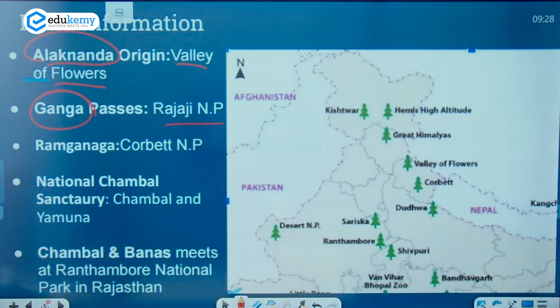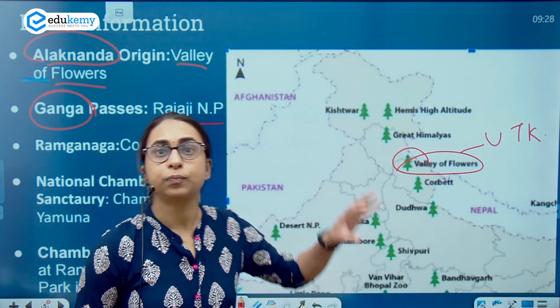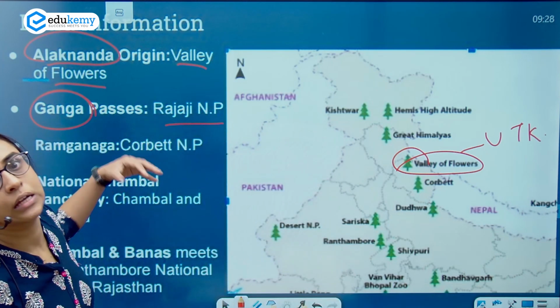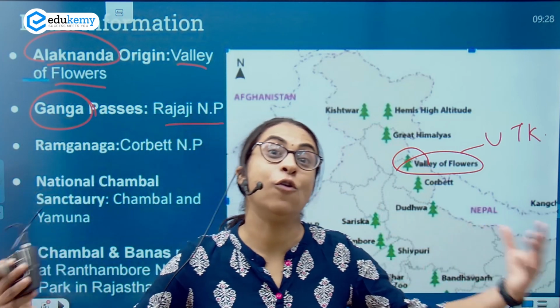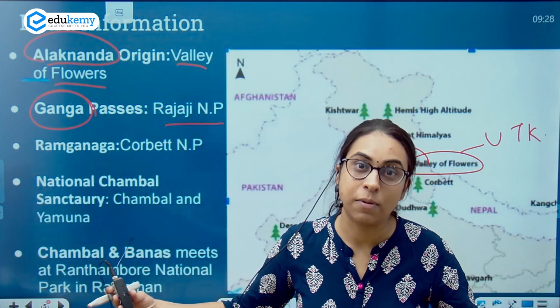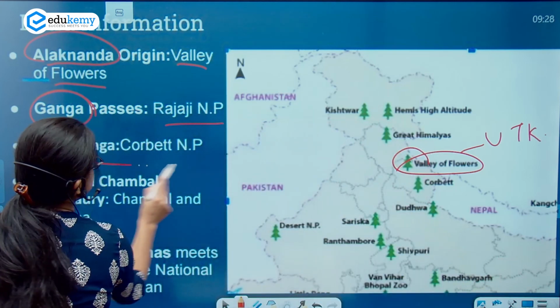The Valley of Flowers is in Uttarakhand, and even Rajaji National Park is in Uttarakhand. So from the Rajaji National Park, the Ganga river passes. Ganga, you remember, like a king. It's the king of all the rivers. So Rajaji National Park se Ganga pass hoti hai. This has been asked in your UPSC examination.